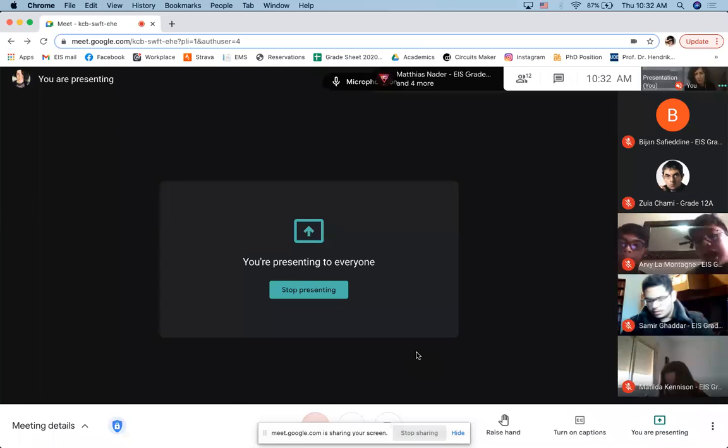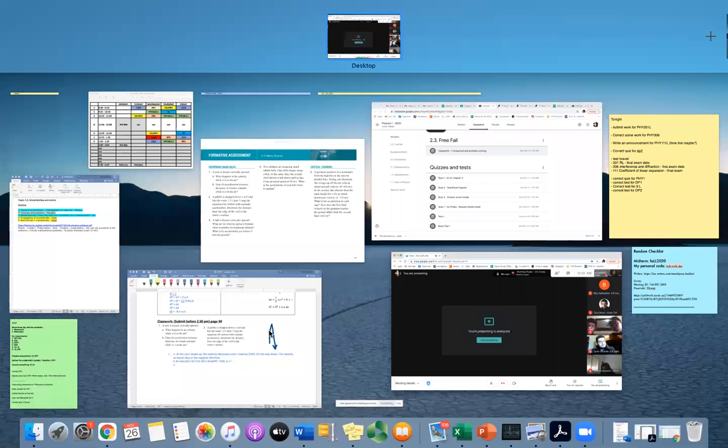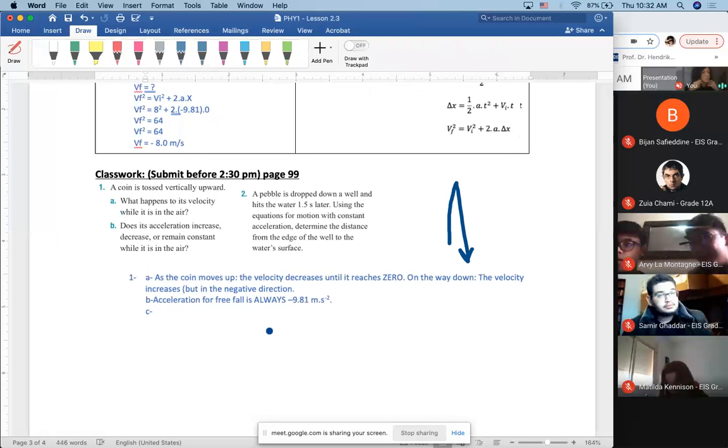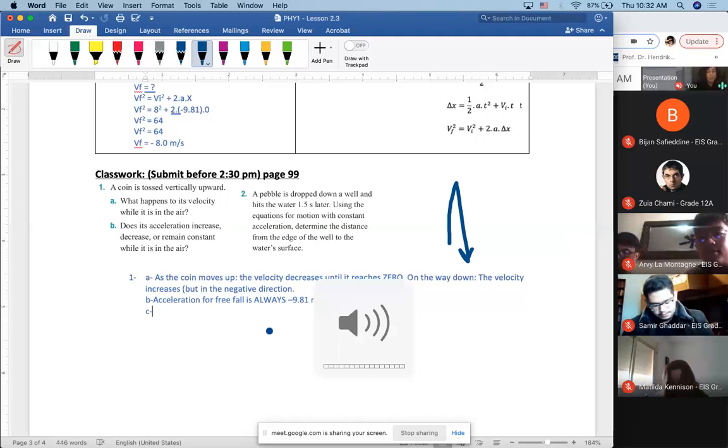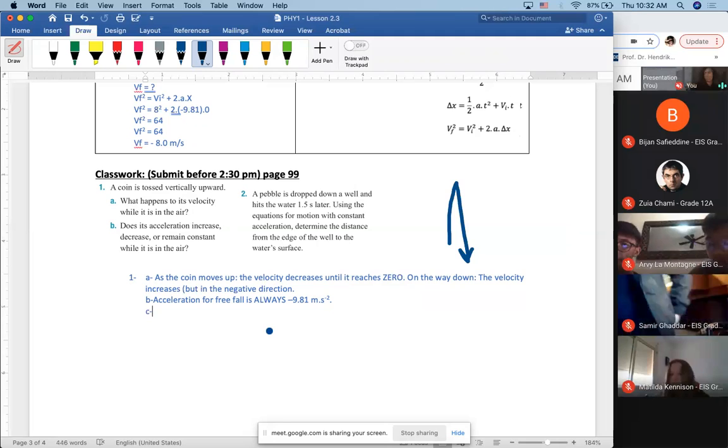I should remove my earphones because I want Thalia to listen to your questions as well. So I was saying that when you throw something up, it's gonna move up, but gravity is downward. That's why you slow down. Okay? Just imagine, Zoya, you throw something up and it will speed up to reach outer space. No, it's gonna slow down to stop at some point. Do you understand, Zoya?